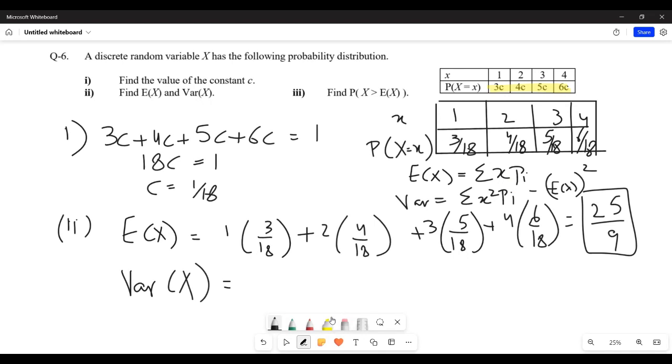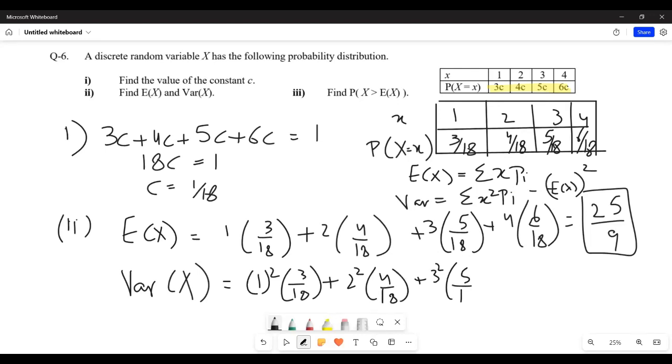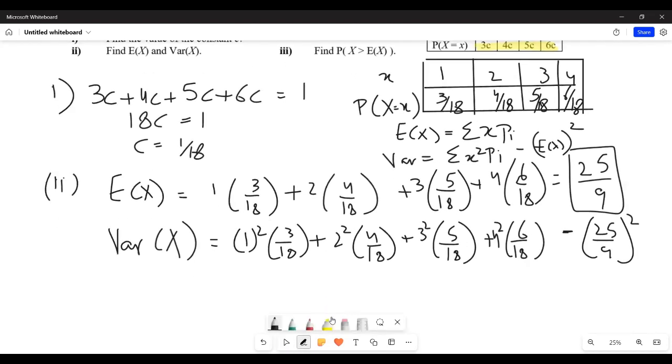So that's going to be 1 squared times 3 by 18 plus 2 squared times 4 by 18 plus 3 squared times 5 by 18 plus 4 squared times 6 by 18, there's no division in this case, minus expected value squared. That gives 95 by 81, which would be the answer.